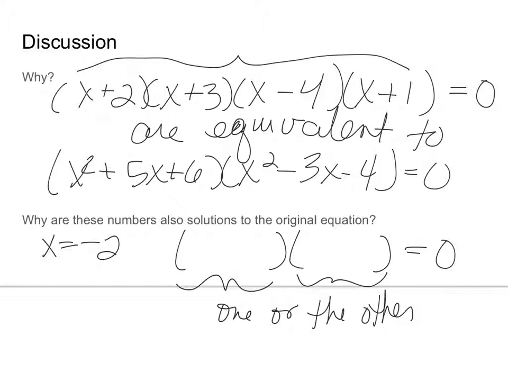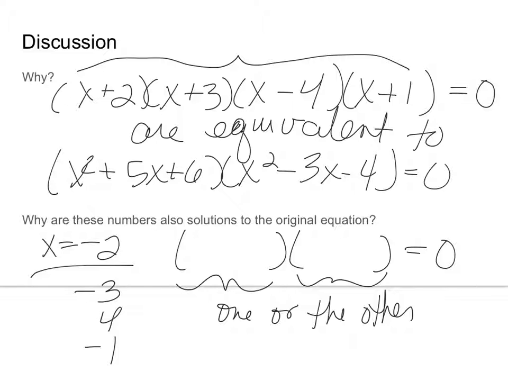So when we solved each separate polynomial and found what the zeros were, we found that for x equals -2, -3, 4, and -1, we're going to get 0 for the equation.